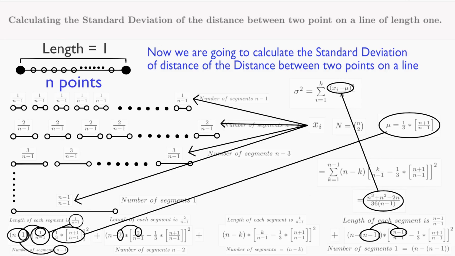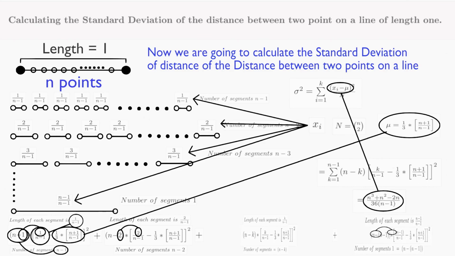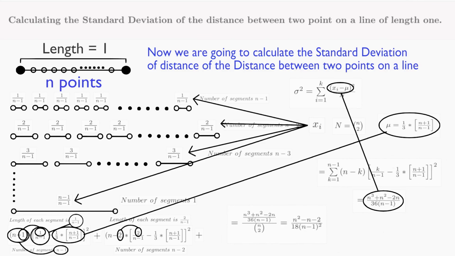So to get our actual formula, we have to divide by the total number of intervals, which is n choose 2. Once we do that, we get n squared minus n minus 2 divided by 18 times n minus 1 squared. And that happens to be our variance.